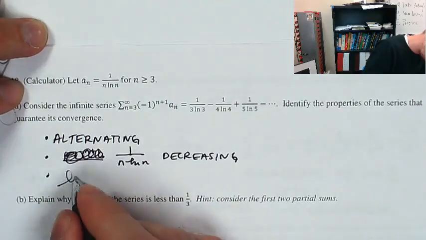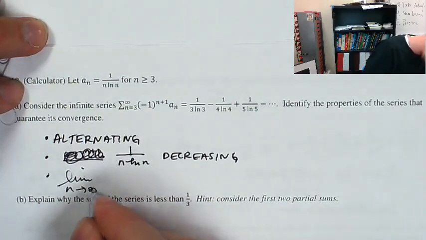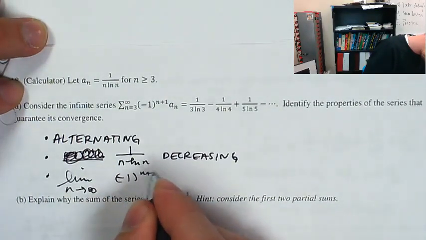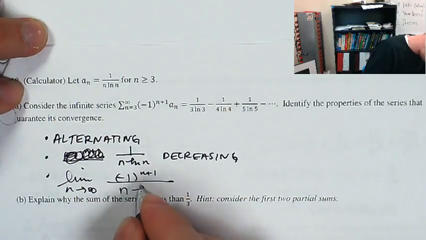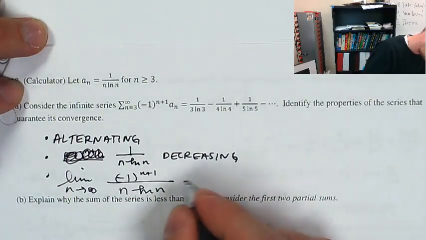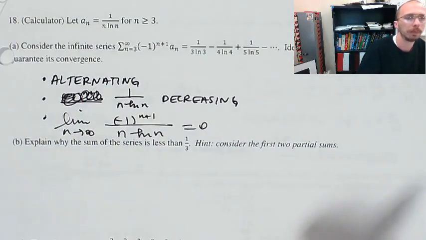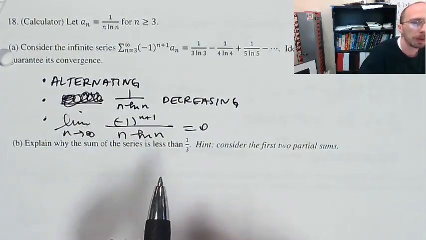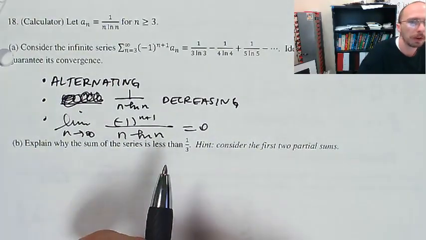And the limit of the terms, so it's negative 1 to the n plus 1 divided by n log n, that limit is 0. Now, explain why the sum of the series is less than 1/3. All right.